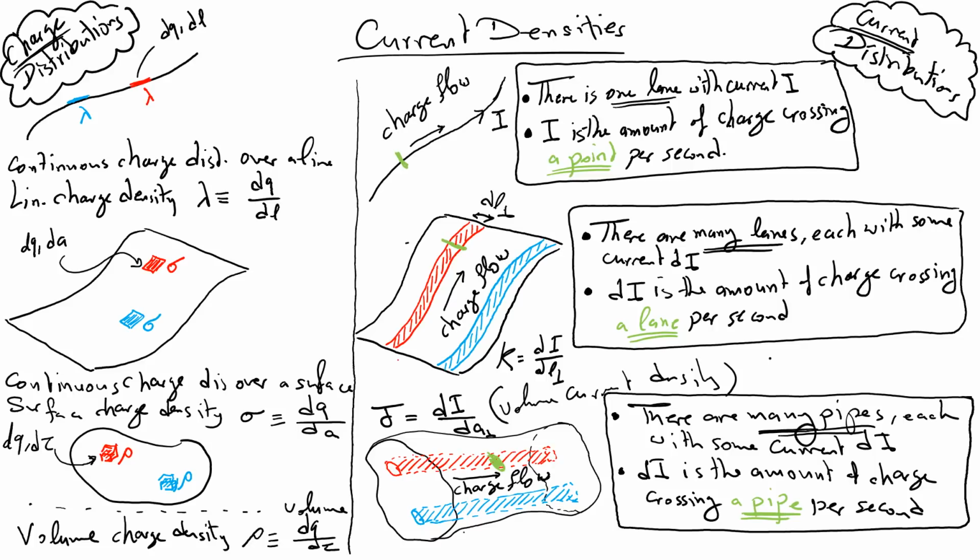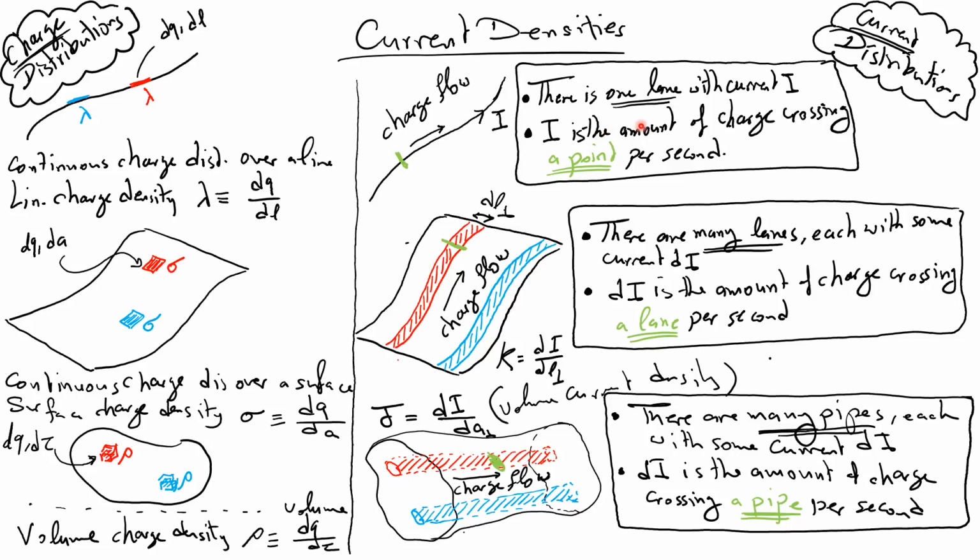You might be wondering why. For example, we have surface charge density, so you have dq by dA. Volume charge density, so dq by d tau. So you have a dq here and a dq there, and for linear charge density, you also have dq.